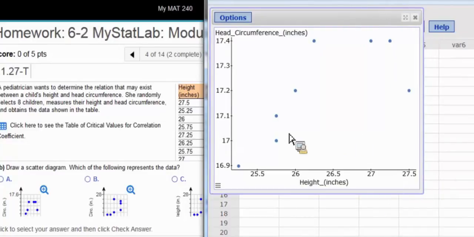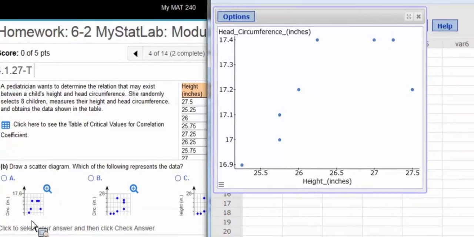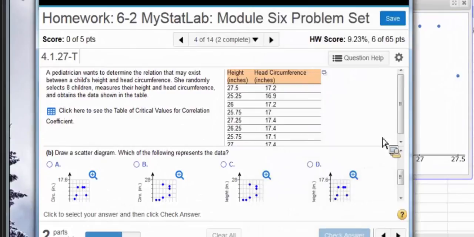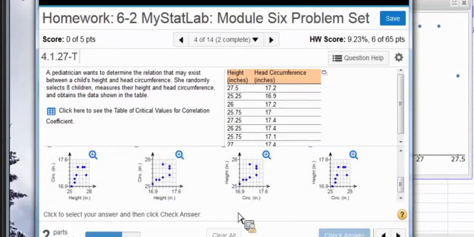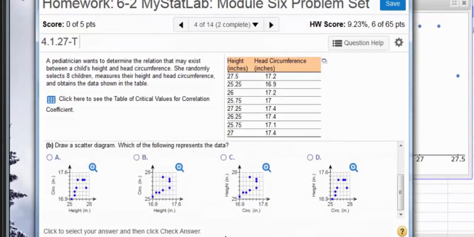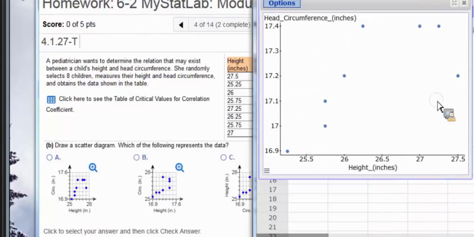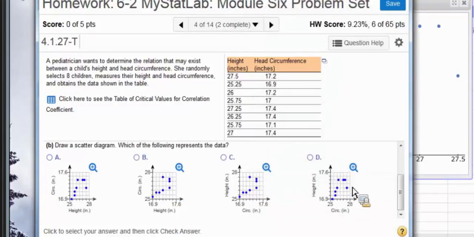So it looks like it kind of goes up and it levels off. When we look at these options, A looks possible. It goes up and levels off. B is wrong. C is wrong. D is possible also.